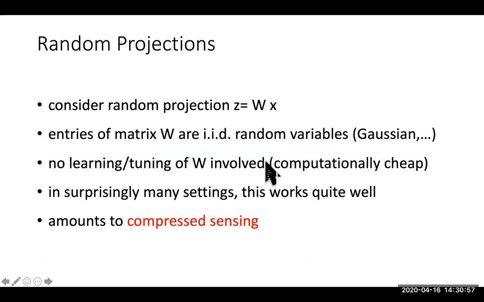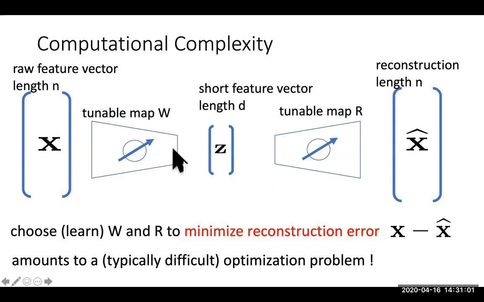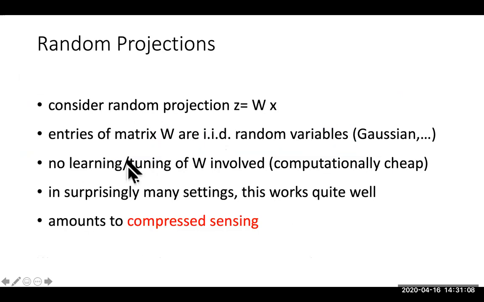Okay, so as I said, learning the optimal compression maps typically amounts to solving complex, computationally hard optimization problems. And it turns out there are cheaper alternatives. One such alternative is called random projections. Here you construct shorter features by using as a compression map a fully random matrix.